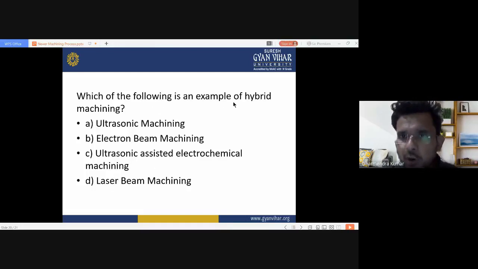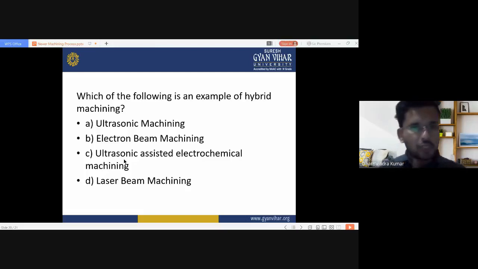Our question is asking for an example of hybrid machining. Ultrasonic machining is solely responsible for the material removal action. Electron beam machining is also solely responsible for material removal, and laser beam machining is solely responsible for the material removal process. But ultrasonic assisted electrochemical machining, option C, uses two types of non-conventional machining for material removal.